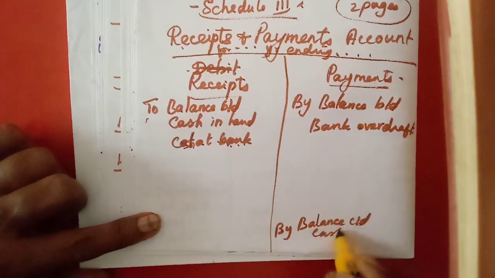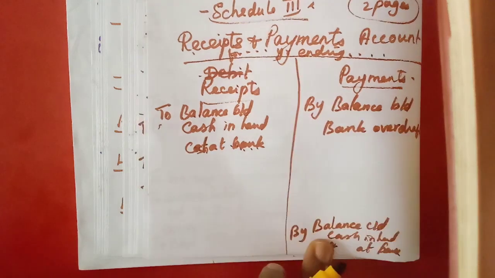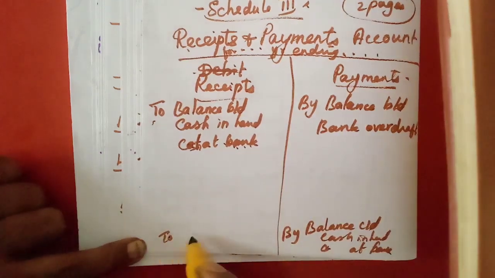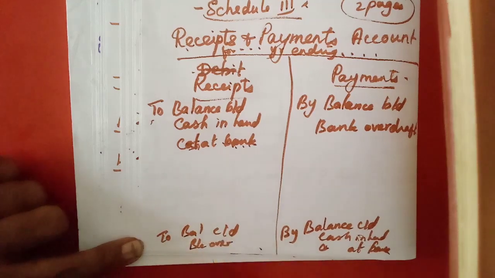Cash in hand, cash at bank. If the receipts are more, we will get the closing balance here. Sometimes if the payments are more, then we will get the closing balance to balance carried down, here bank overdraft, for example.